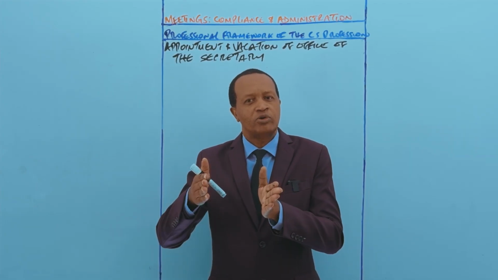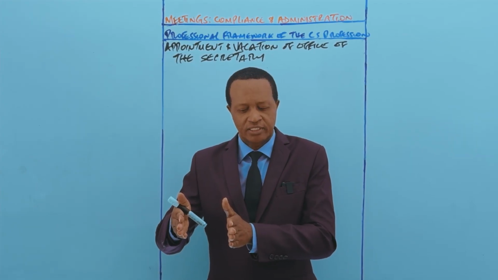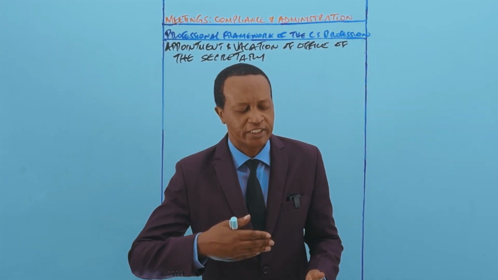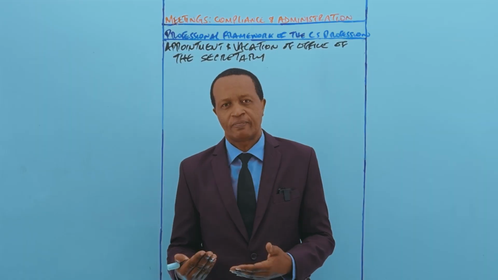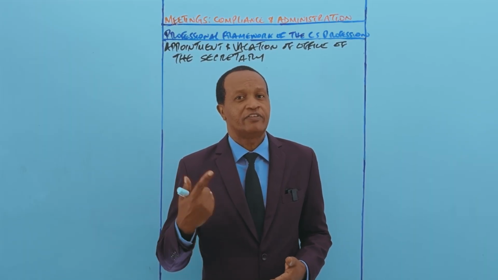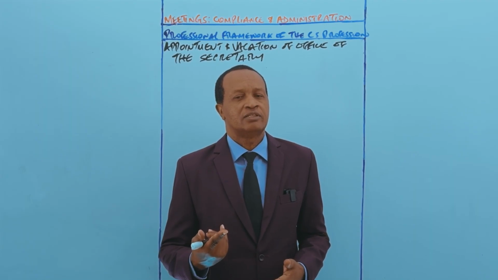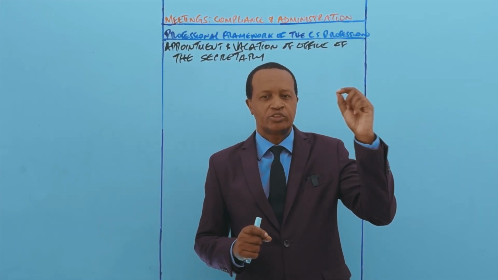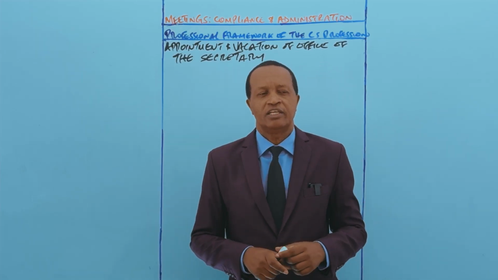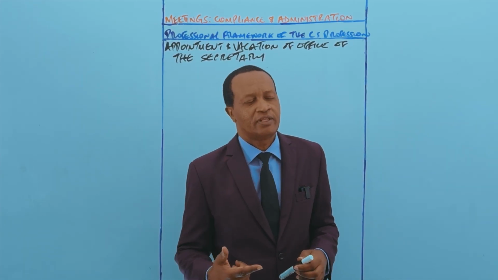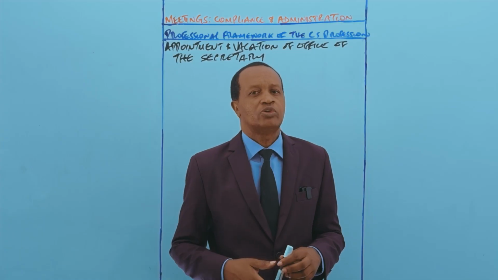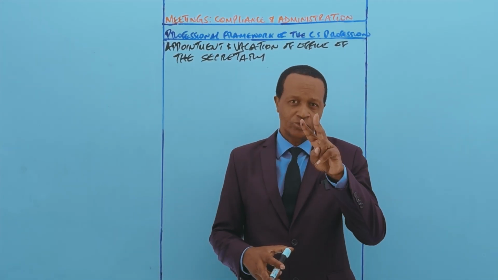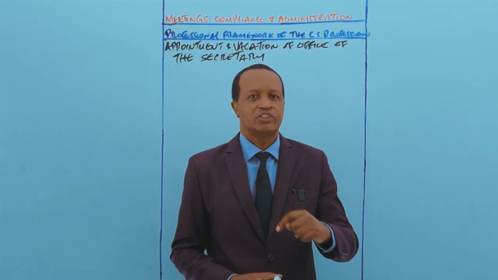It is a formal legal process that must be reported to the Registrar of Companies in order to maintain the company's legal standing. That means after every appointment, that appointment must be reported to the Registrar of Companies. Then if a secretary vacates office, that vacation also has to be reported to the Registrar of Companies.